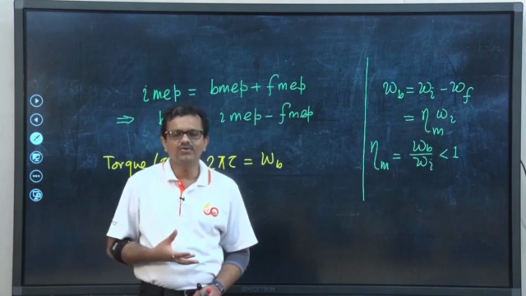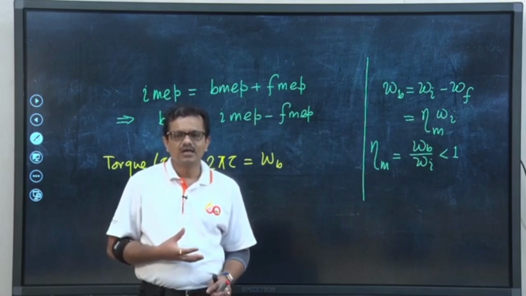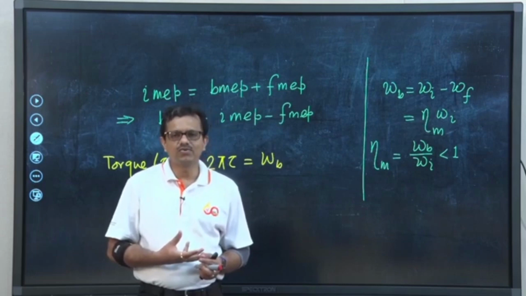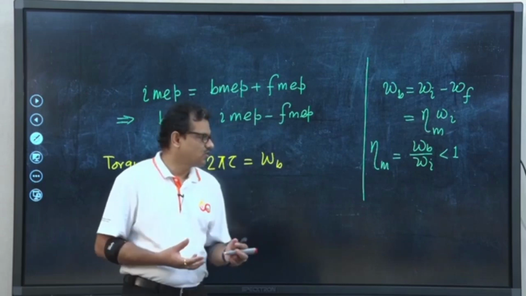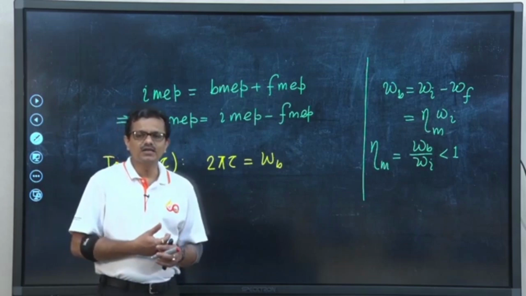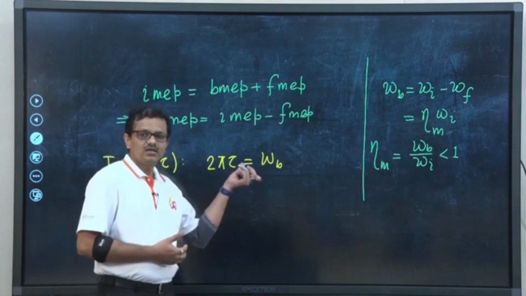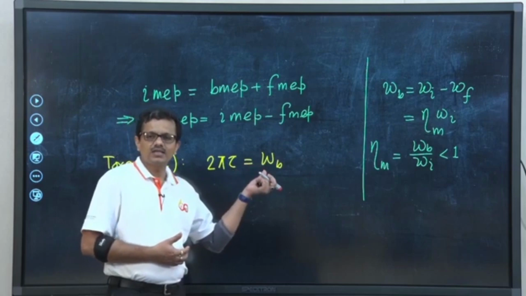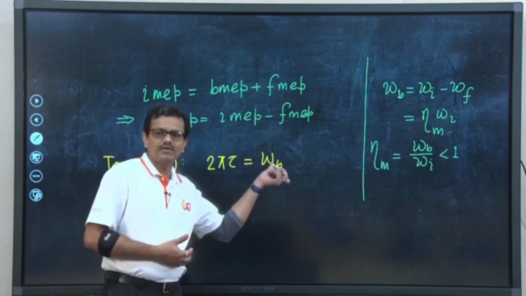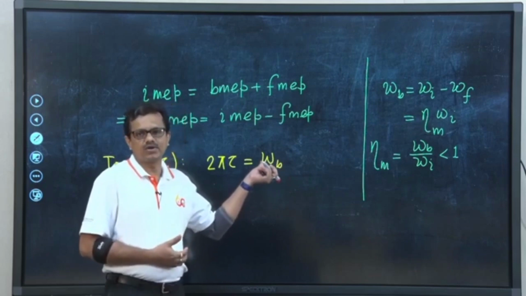What we discussed in the last class is that the work which is available at the crankshaft is the brake work, right? Since the dynamometer can only measure the quantity torque at the crankshaft, that torque can be related to the work which is available at the crankshaft, and that is why it is brake work.